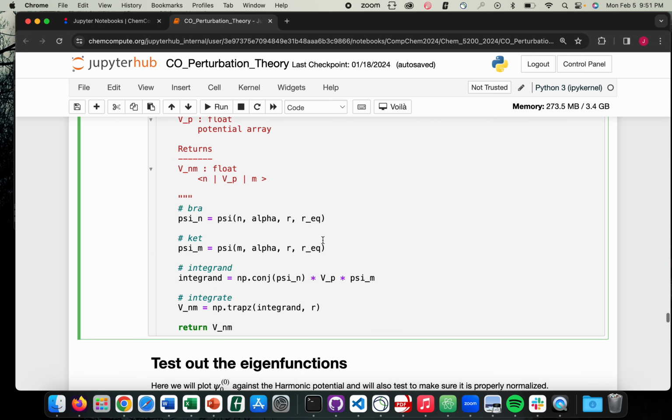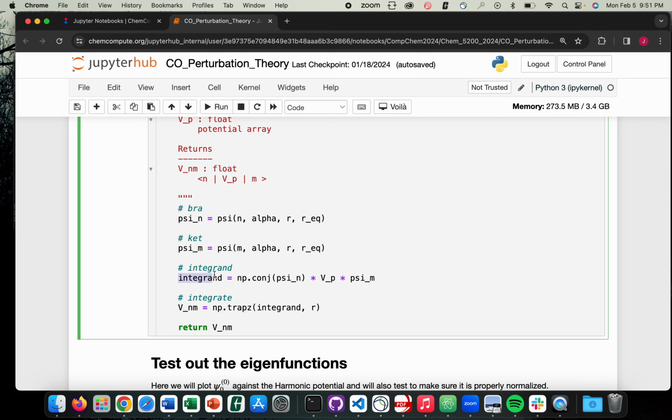If you come down here, you can see I'm going to compute the bra state using the psi function that we just looked at above. I'm going to calculate the ket state, again using the psi function, and the only difference is the quantum number. The bra quantum number is n, and the ket quantum number is m.